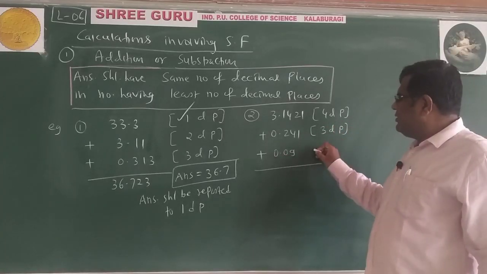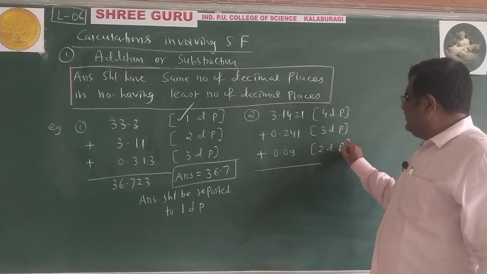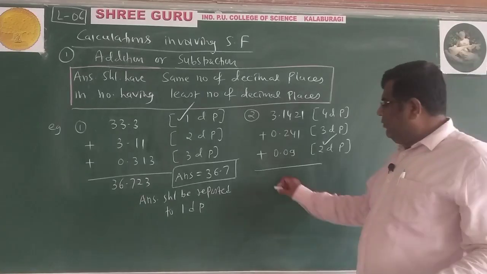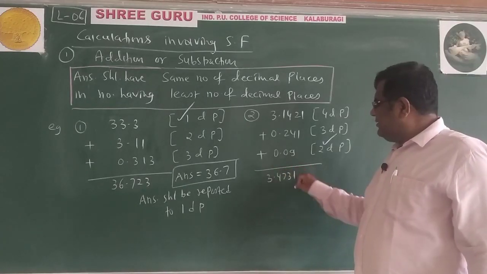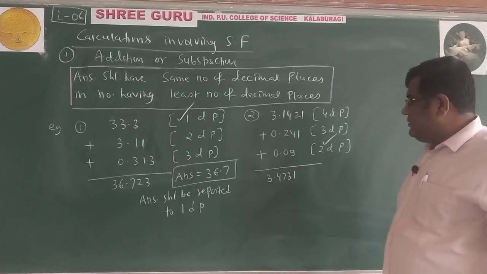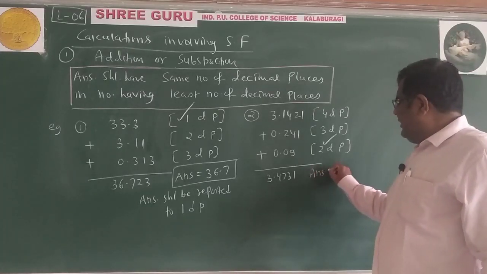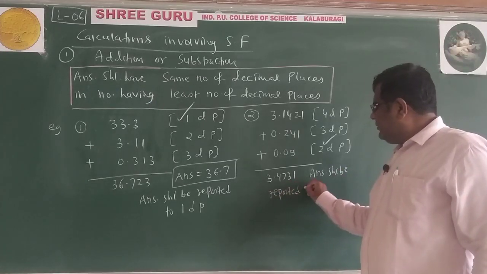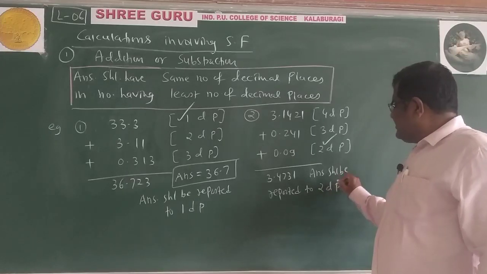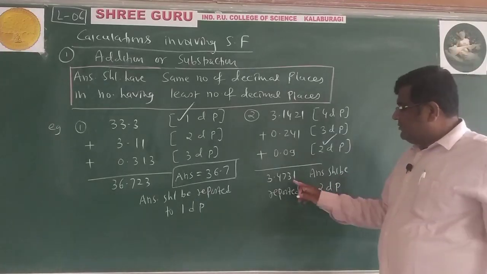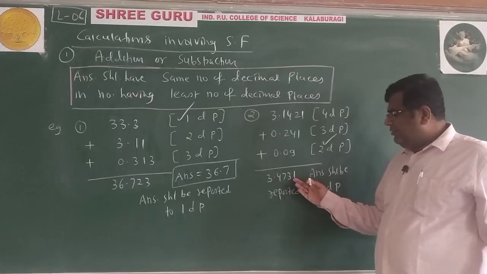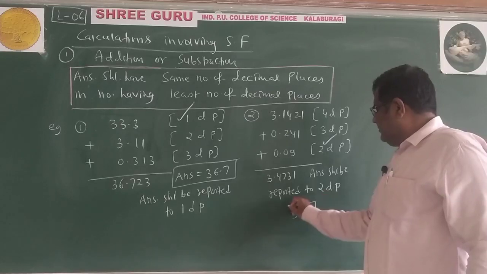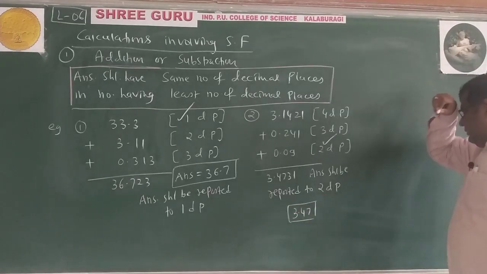The third has 2 decimal places. Least is this one. If we add all these, it is 3.4731, and the answer should be reported to 2 decimal places. So 3 is to be dropped, and we can drop 3 as it is. So we write 3.47 as the answer here.